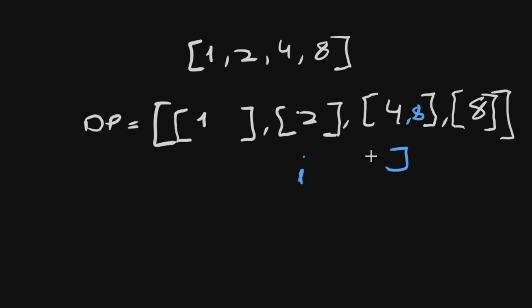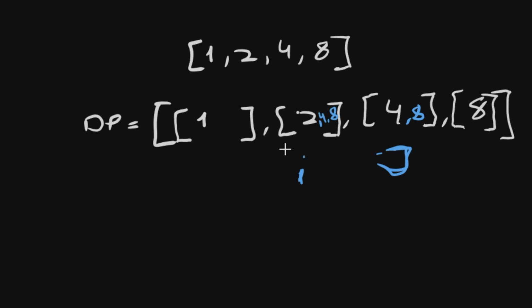Now i is here, j is here. So we are checking if 4 modded by 2 is 0, which it is, so here we'll have 2, 4, and 8.